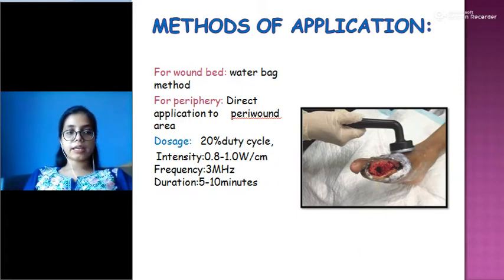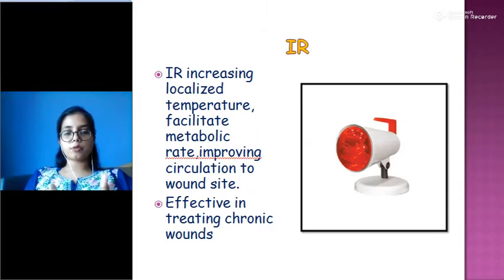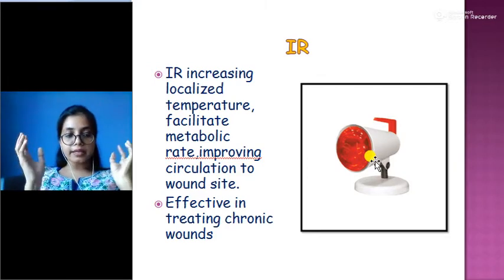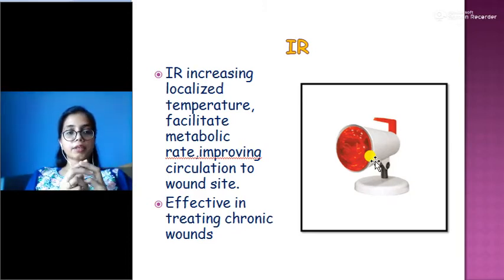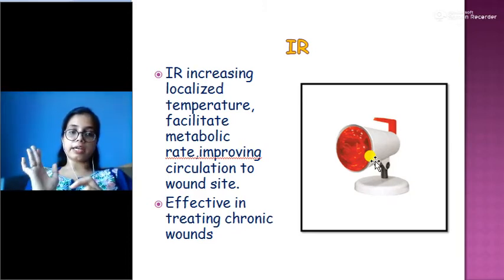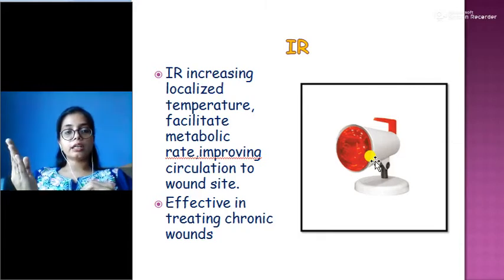Now, infrared radiation. As you can see, this is the infrared lamp. Infrared radiation is a superficial heating. It will increase the localized temperature, and this increase will facilitate blood circulation. This facilitation of blood circulation will facilitate metabolic activity and improve the circulation.